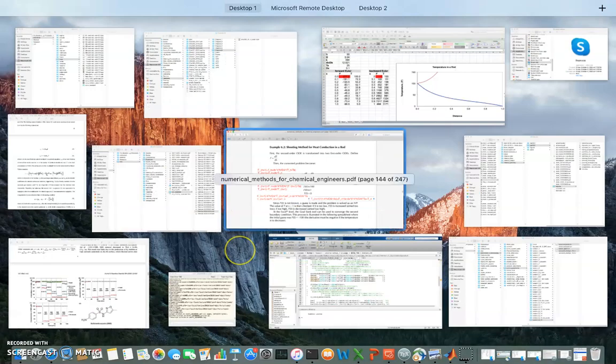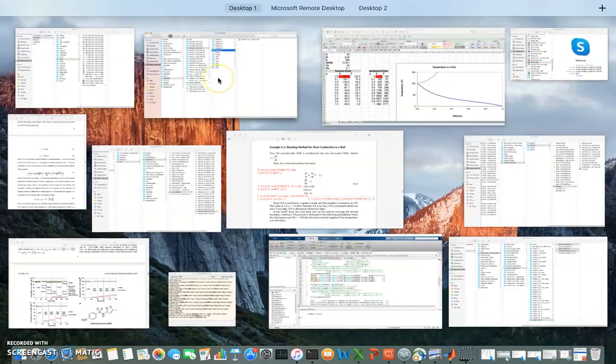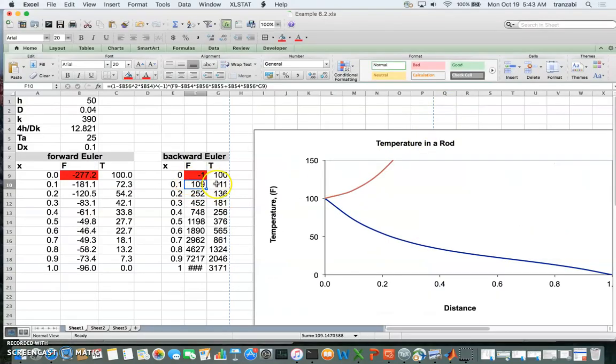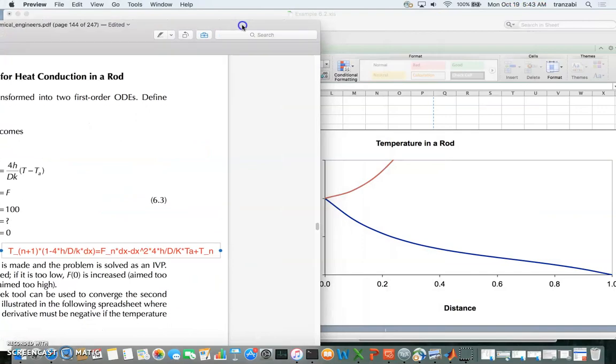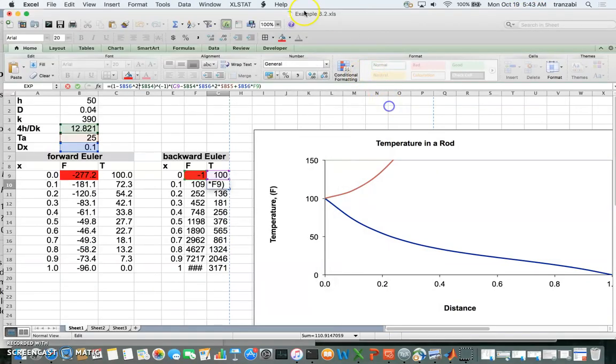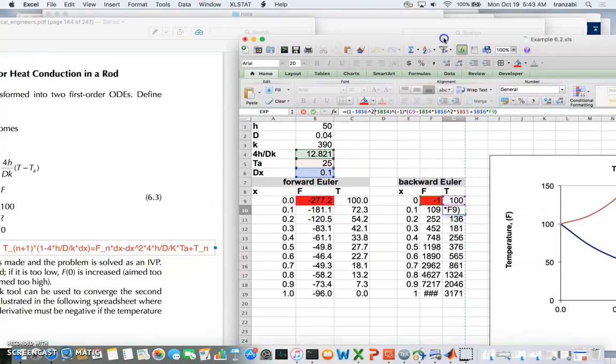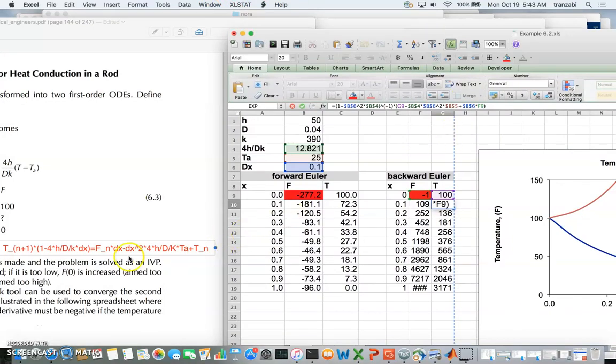Okay, tn plus 1 is going to be, let's go to the spreadsheet. Here is the spreadsheet. Let's look at the equation one more time, or maybe move this to this side and move the spreadsheet to that side so we can see both. So here's my tn plus 1 and here's my tn plus 1. Let's see if they match.